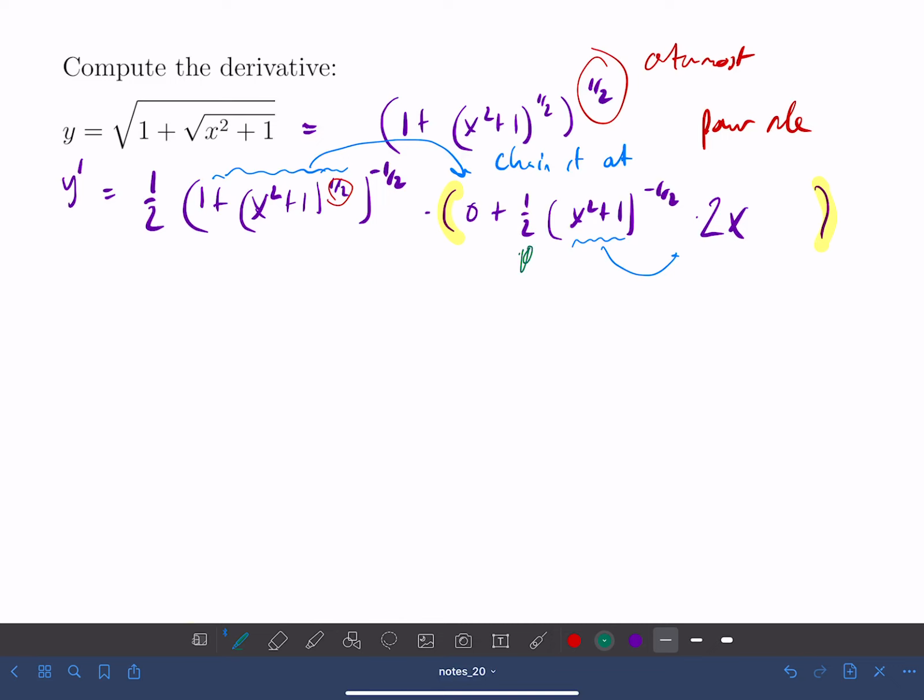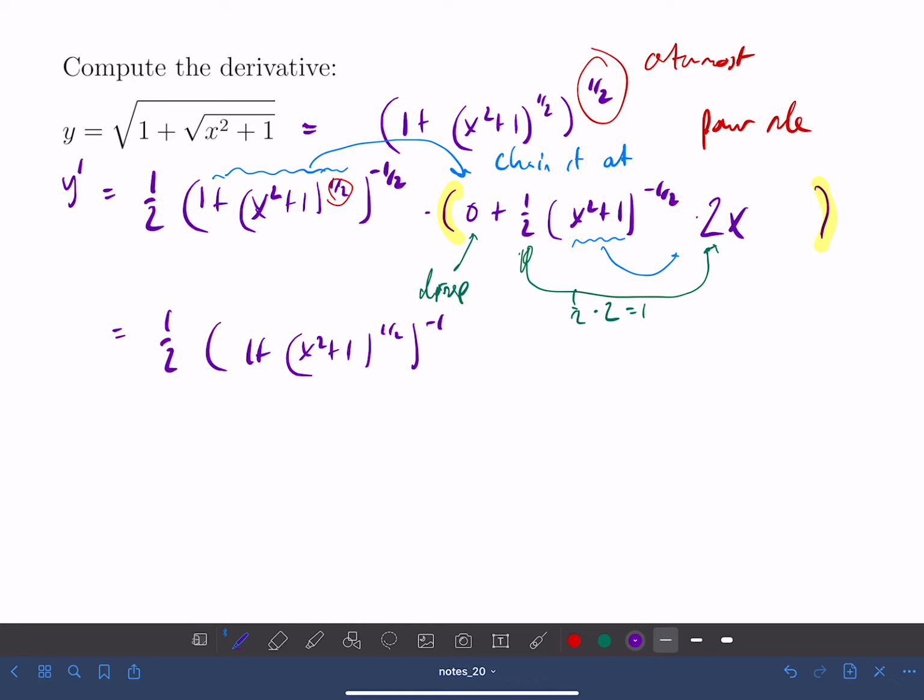I've got this half here and this 2 here. A half times 2 is 1. So that seems good, and let's drop that plus 0 and write this as a half of (1 plus (x squared plus 1) to the 1/2) to the minus a half, times (x squared plus 1) to the minus half, times x.